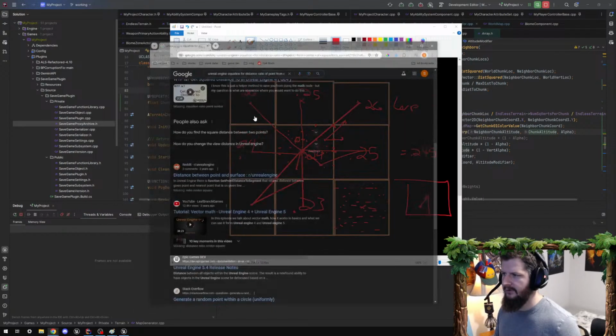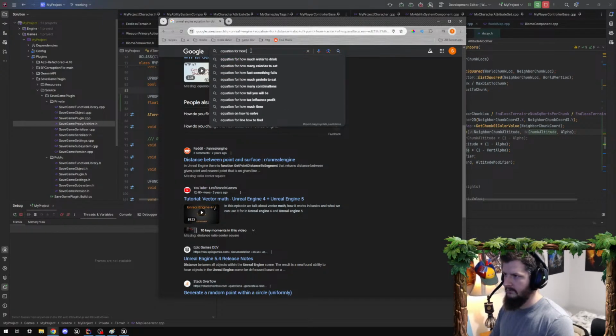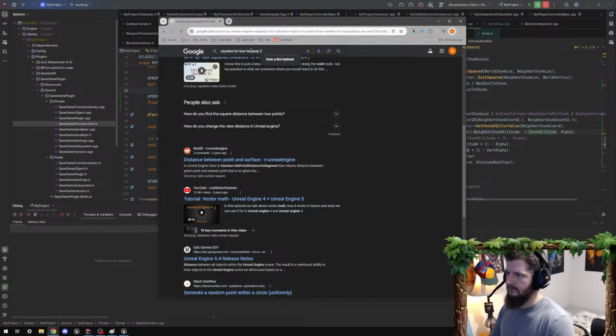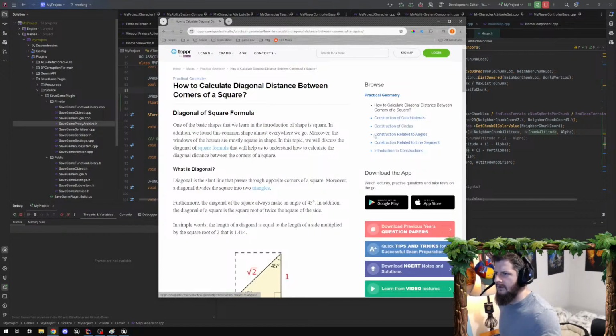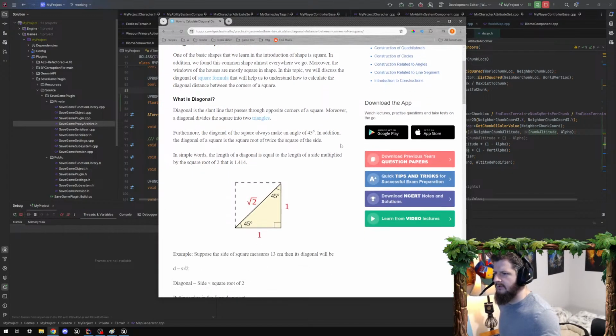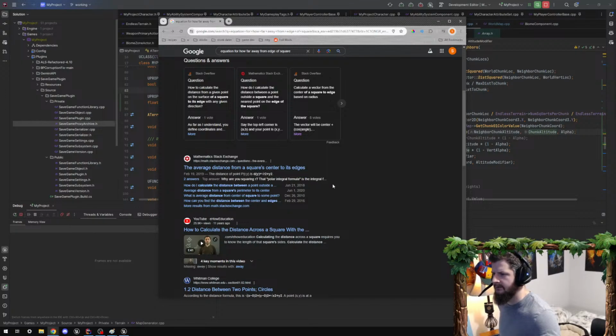I want to get how far away from edge. How to calculate diagonal distance between corners of a square? No. The average distance from a square's center to its edges.